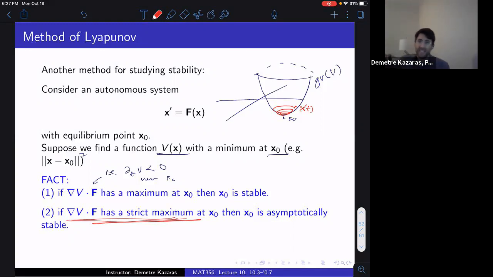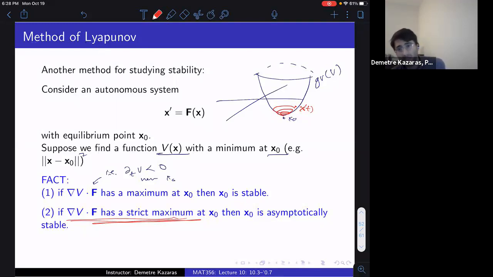So this V is kind of acting like one of those conserved quantities, but it's not conserved. You want to arrange for V to be actually decreasing along the differential equation. Then you can conclude things like, oh, x naught is stable.